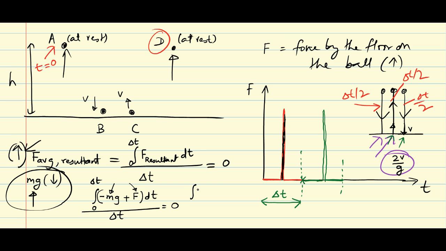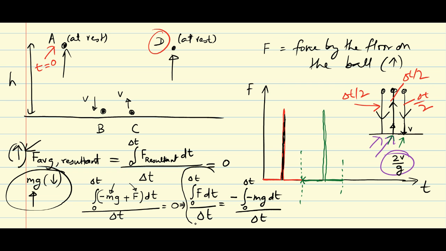So that means that the integral of F dt from 0 to delta t divided by delta t is actually equal to minus the integral of minus mg dt from 0 to delta t upon delta t. Now what is this term? This is exactly what we want to calculate. We wanted the average force exerted by the floor on the ball, and that's calculated in this way.